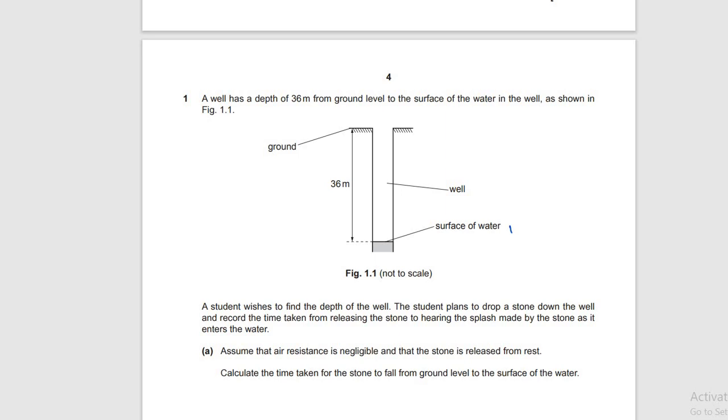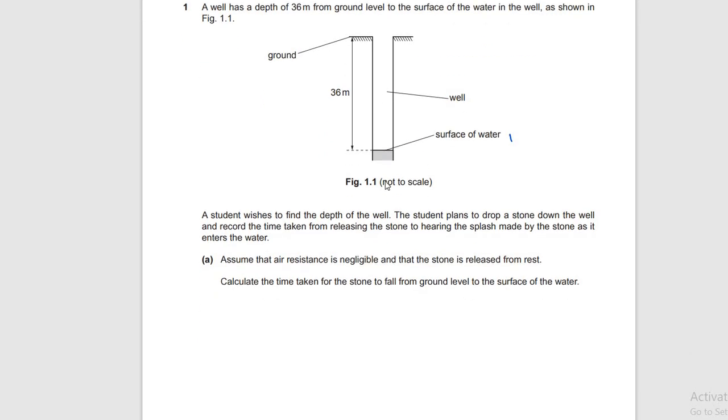A student wishes to find the depth of the well. The student plans to drop a stone down the well and record the time taken from releasing the stone to hearing the splash made by the stone as it entered the water.